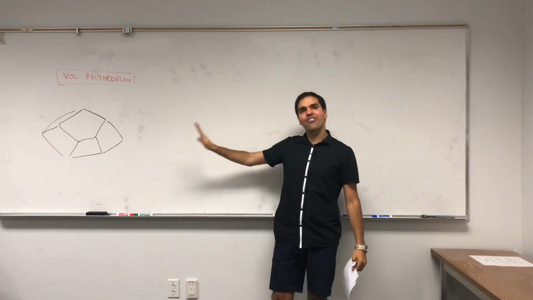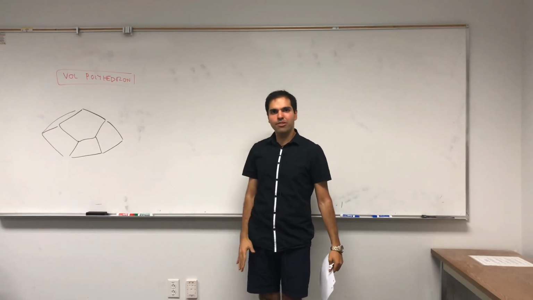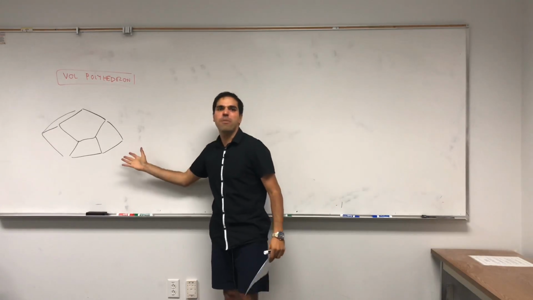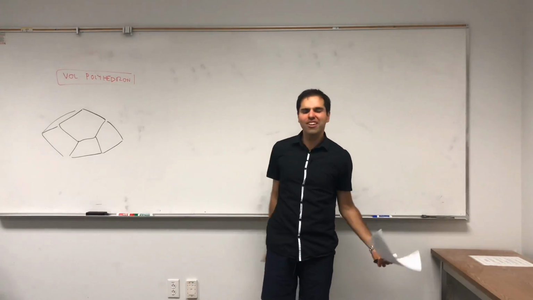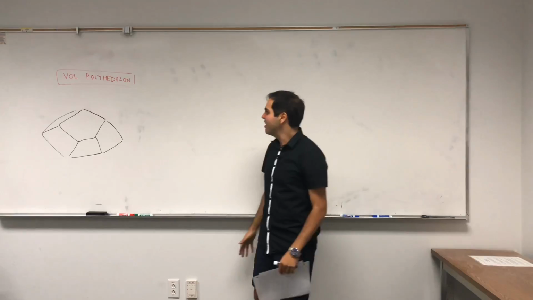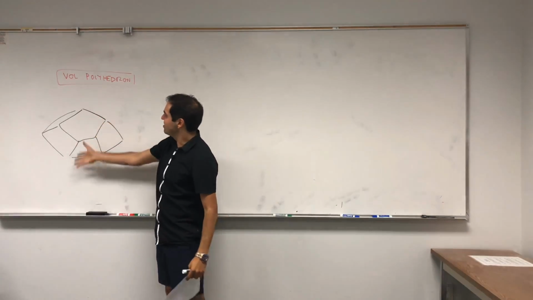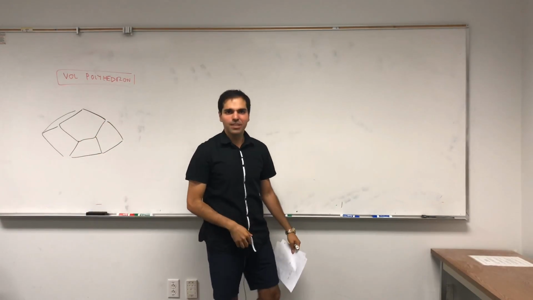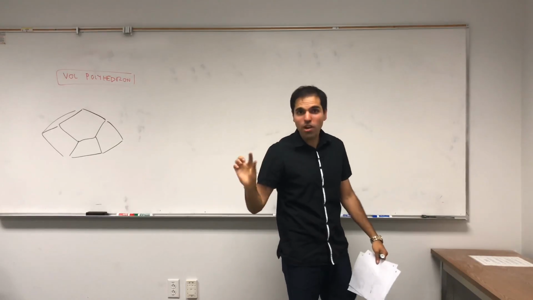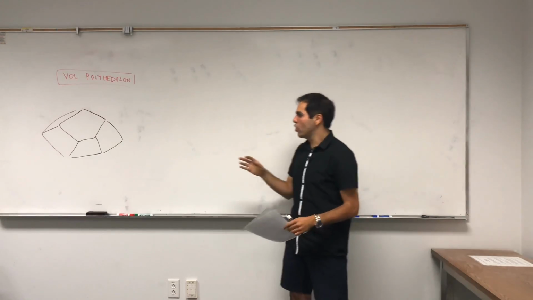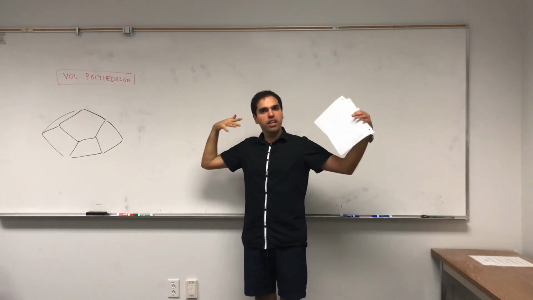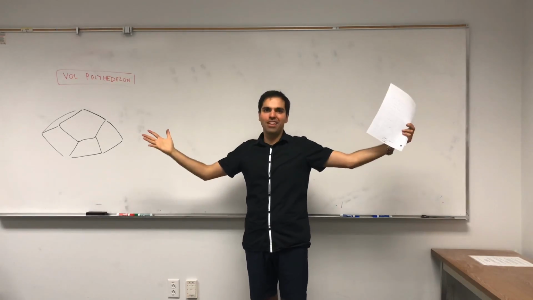Here in this video, I will use the divergence theorem to find the volume of any polyhedron. Polyhedron, think of it as a pyramid or a soccer ball, anything where the faces are polygons. Unfortunately, it's too complicated to do in full generality, but I will first give you a very general formula.